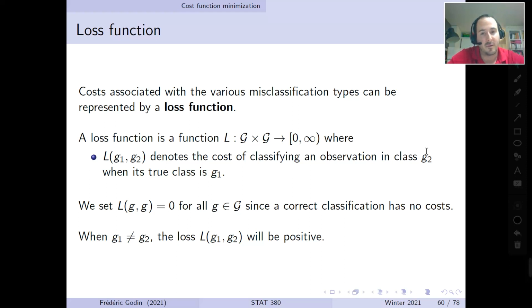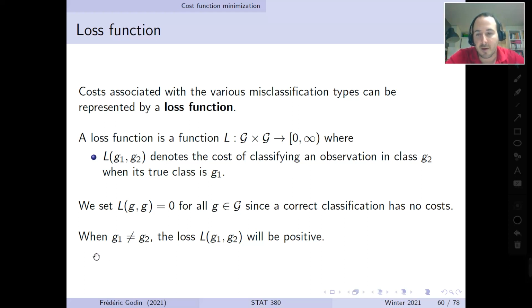So, for example, if you classify a blue observation into orange, then G1 would be blue, and G2 would be orange. For these loss functions, we set L(G, G) equal to 0. When you correctly classify an observation, typically there's no cost, or well, you could have something different, but there's no point in adding cost in that case.